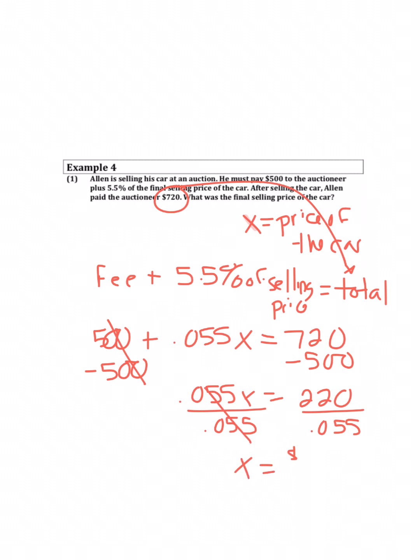And when we do, we find that the cost of the car should have been $4,000. So make sure that you got that one, and especially that you understand the work that went along with it. And then we'll move on to example 2.